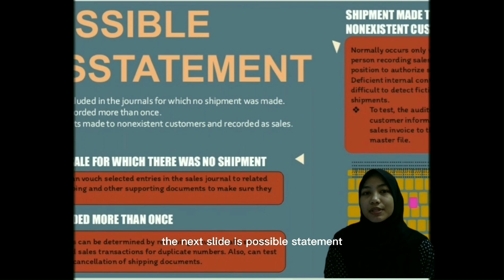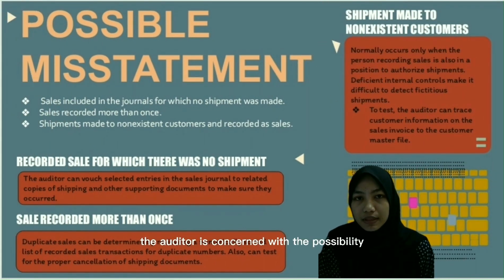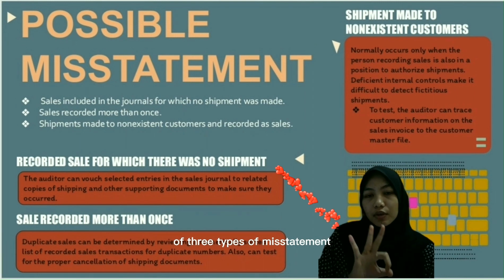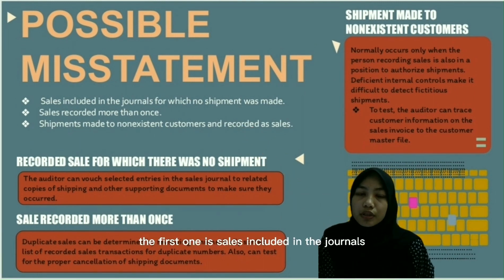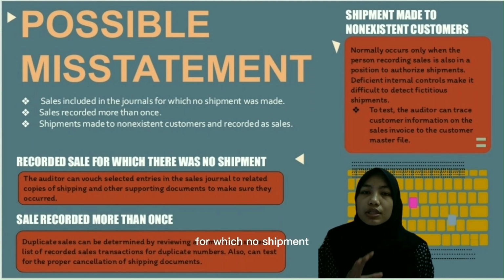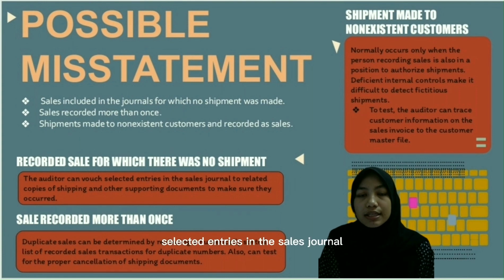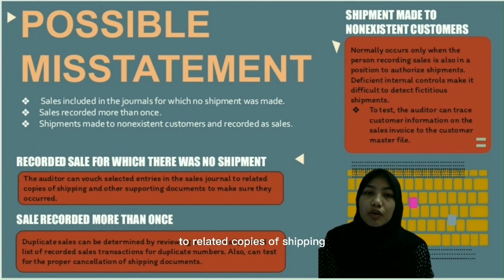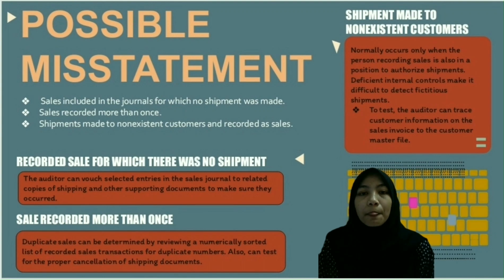The next slide is possible misstatement. The auditor is concerned with the possibility of three types of misstatement. The first one is sales included in the journals for which no shipment was made. The auditor can trace selected entries in the sales journal to related copies of shipping and other supporting documents to make sure they occurred.